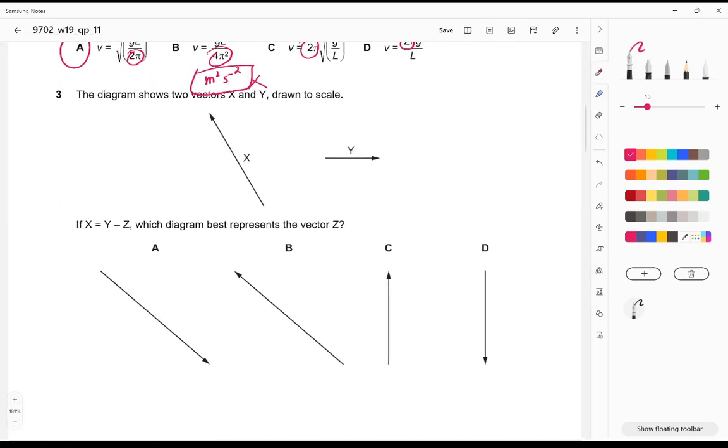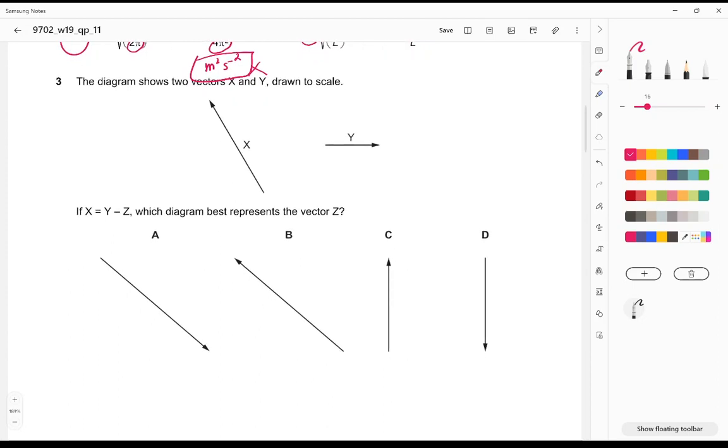Question 3 says that the diagram shows two vectors x and y drawn to scale. Okay, they are drawn to scale completely. Which diagram best represents the vector z? Looking at the equation, we can see that x is actually the resultant vector. So I'm just going to put two arrows over here and work out that this is going to be y, right?